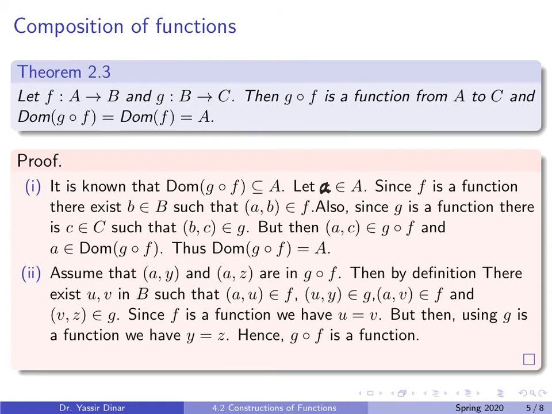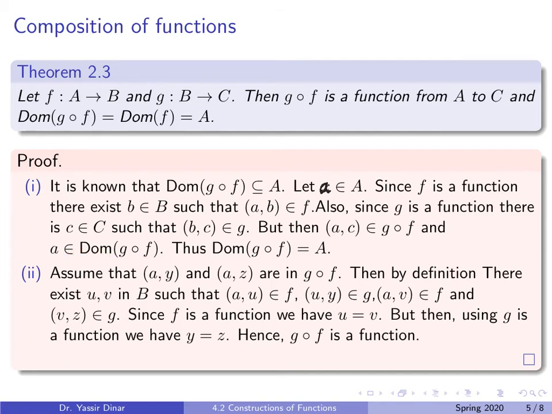But then, by the definition of g circle f, we have (a, b) in f and (b, c) in g. That means the pair (a, c) is in g circle f. And this means that a is in the domain of my new relation g circle f, and so the domain of g circle f is all of A, since we take an element a in A, and we found that this element is in the domain.